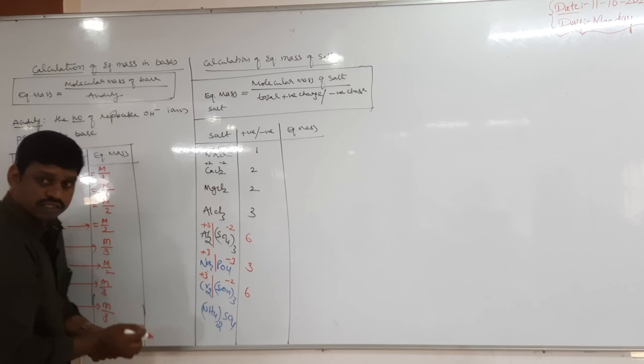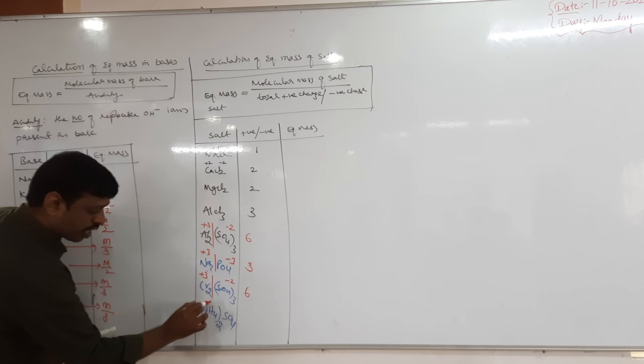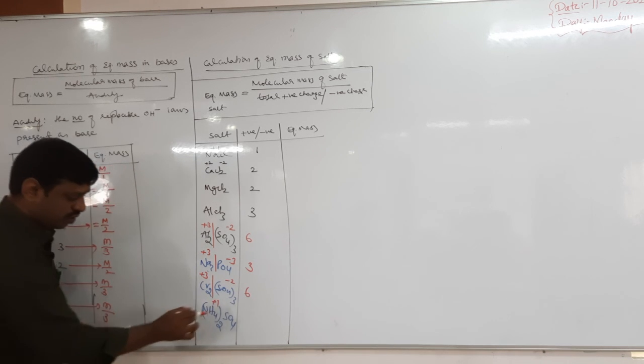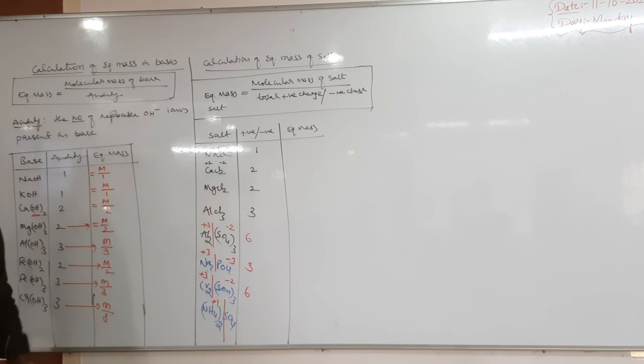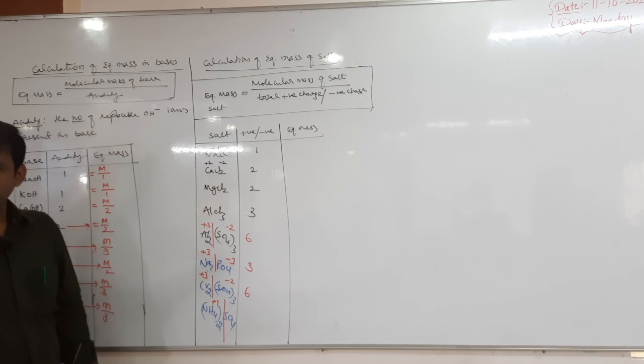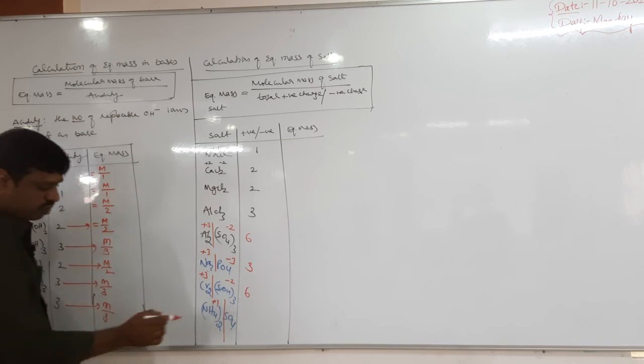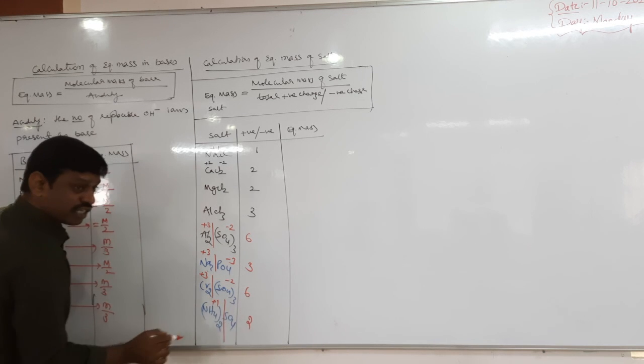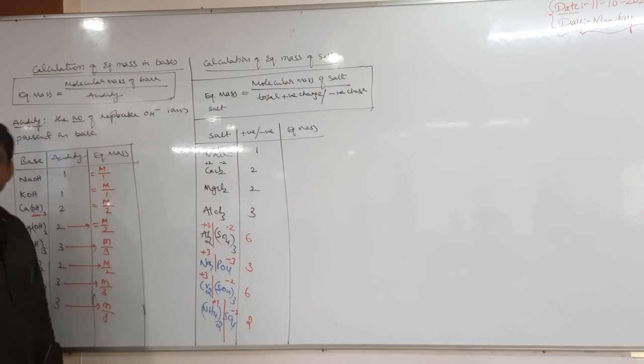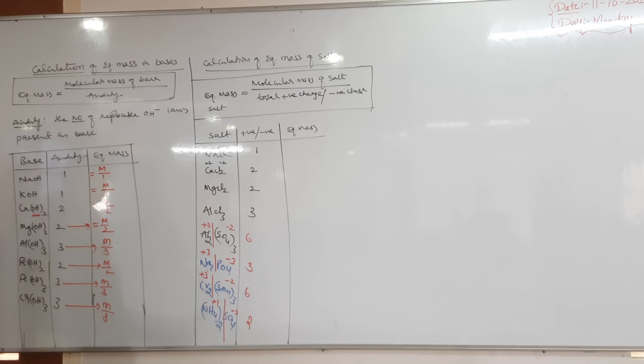Similarly, ammonium sulfate. We know 1 ammonium is plus 1. Divide ammonium ion and sulfate ion. 1 ammonium plus 1, 2 ammonium plus 2, or 1 sulfate minus 2. Like that you can calculate the total negative or total positive charges.